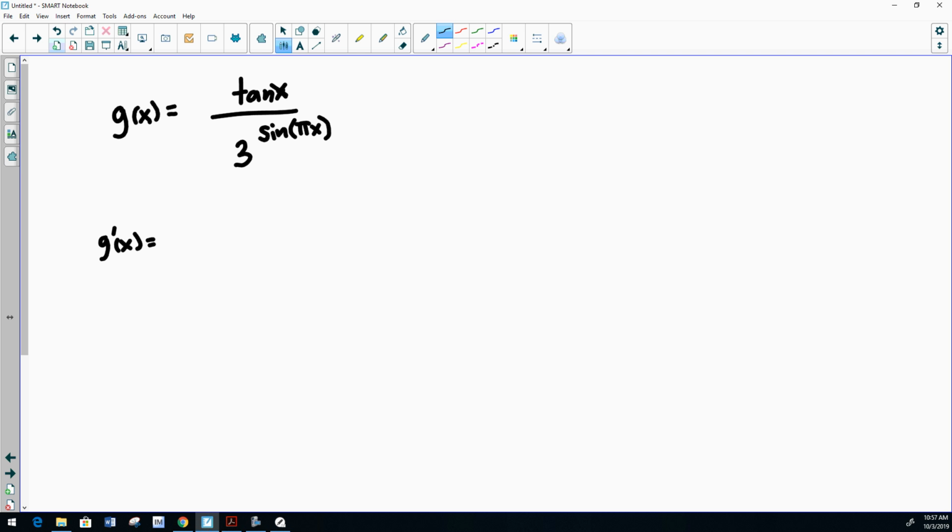Okay, so I'm going to start catching up here. It's low, d high, the derivative of tangent is secant squared, minus high, d low.